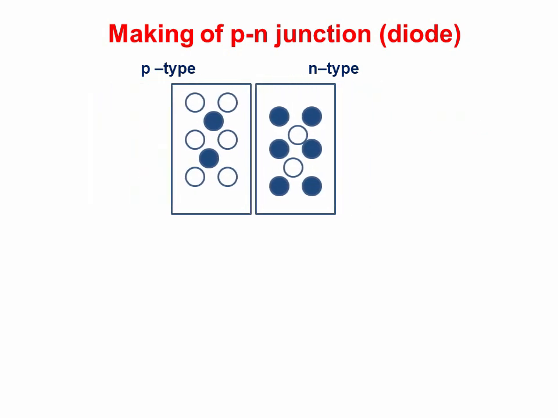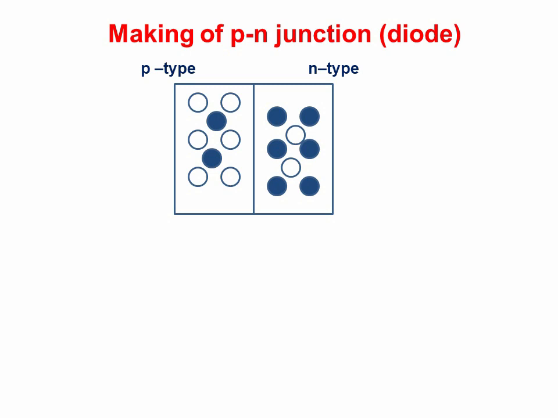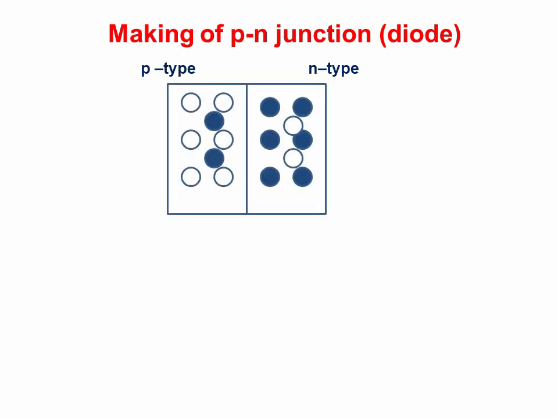When n-type and p-type are brought to each other, a p-n junction is developed. Thus, the p-n junction is formed. At this junction, no charge carriers are present.